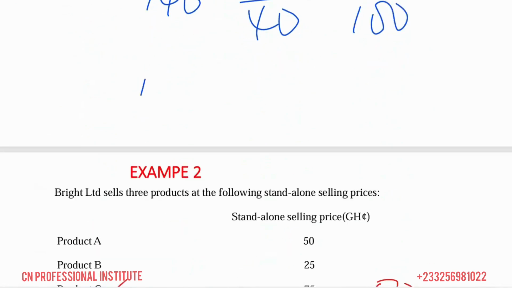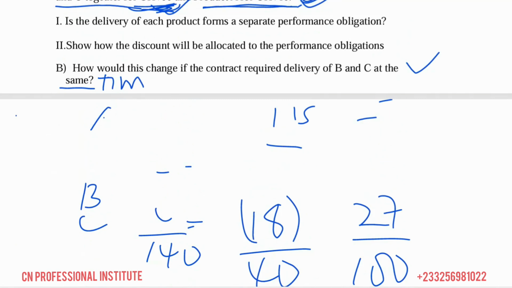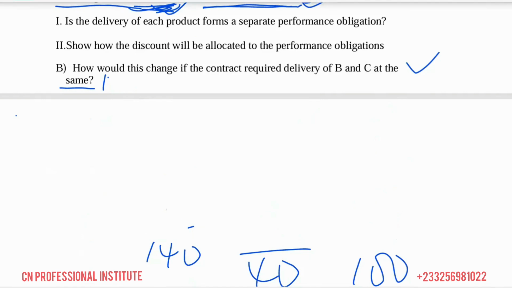So let me wipe this and see if we can get space to do the B. With B, we have only two performance obligations because we are going to put B and C together as one performance obligation.